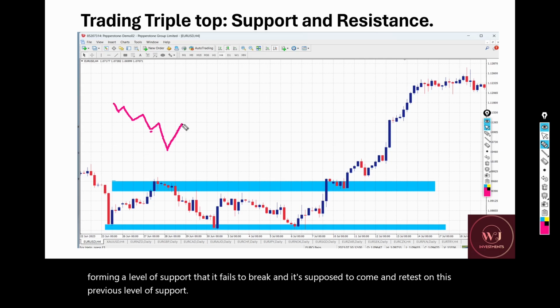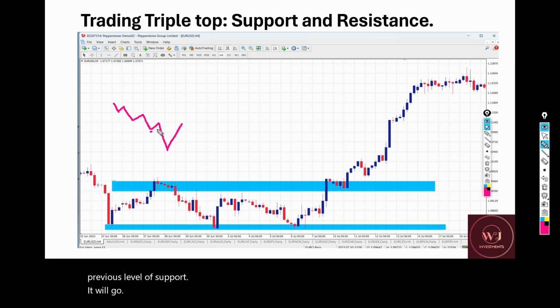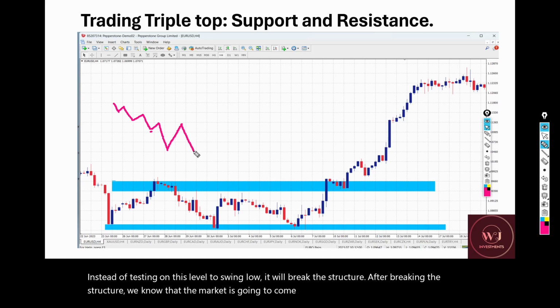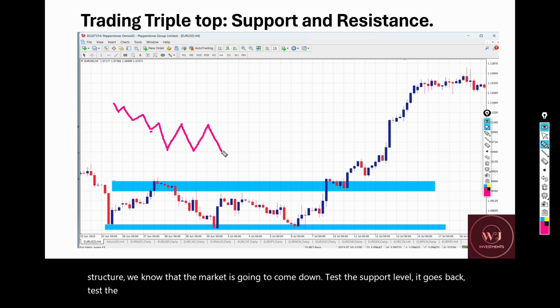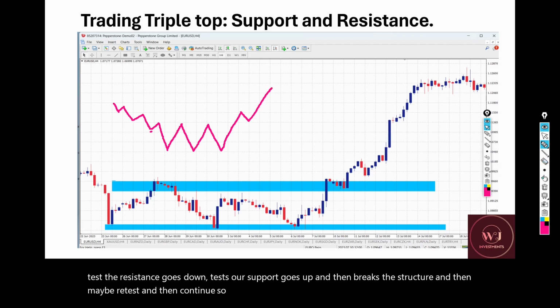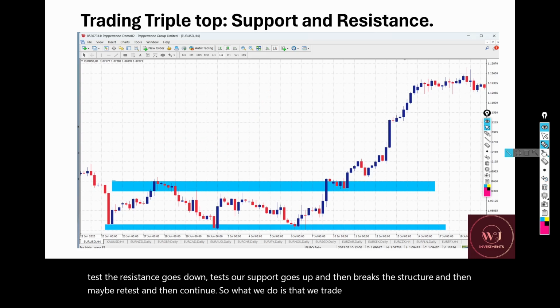Instead of testing this level to swing low, it will break the structure. After that, the market will come down, test the support level, go back, test the resistance, go down, test support, go up, and then break the structure, and then maybe retest and continue. So we trade what we know the market is going to do.